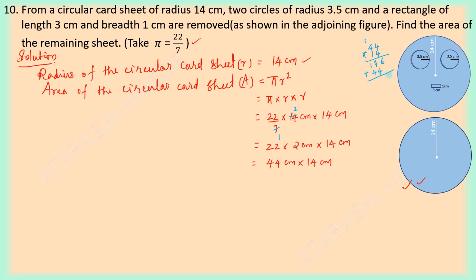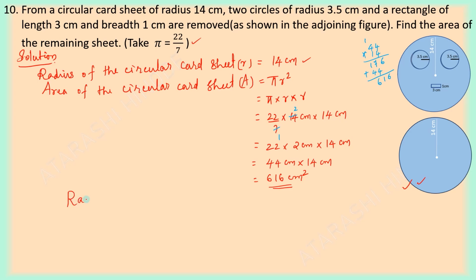Adding 6, 11, 6. That is equal to 616 centimeter into centimeter, it is centimeter square. That is, area of the circular card sheet is 616 centimeter square. Next we will find the area of the smaller circle.